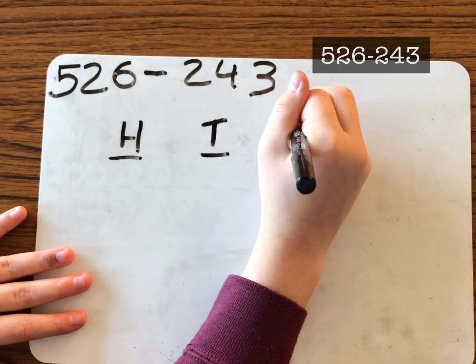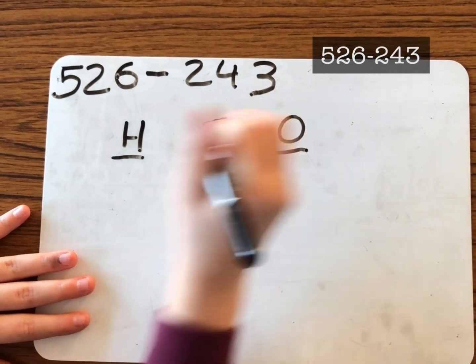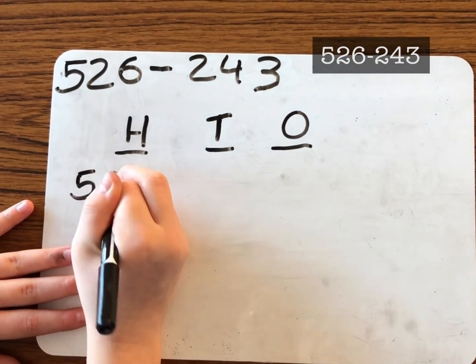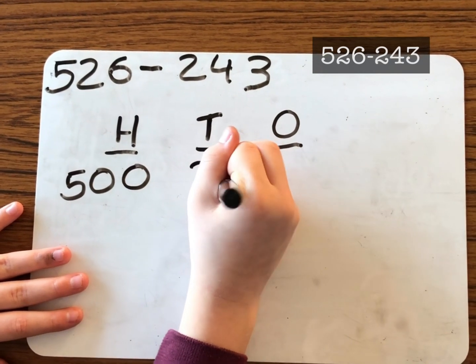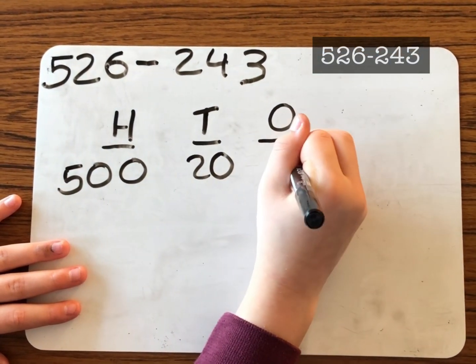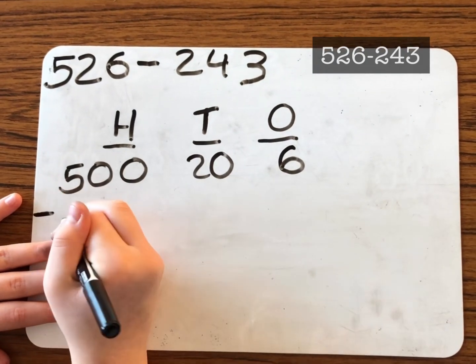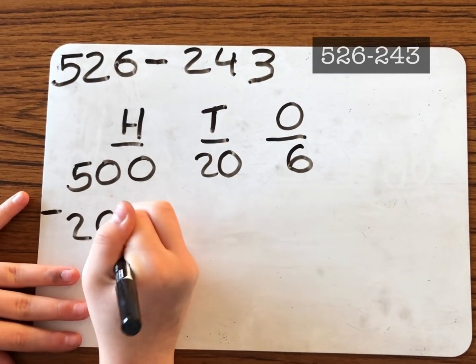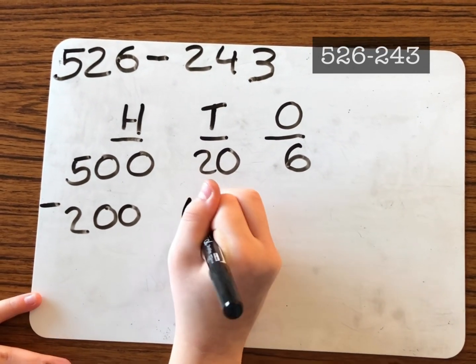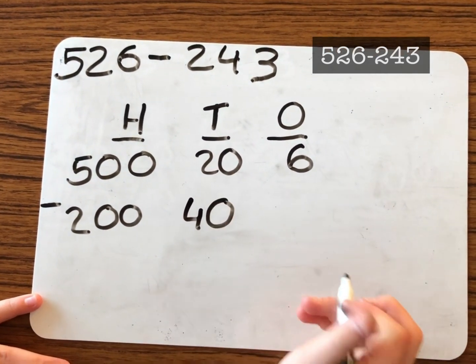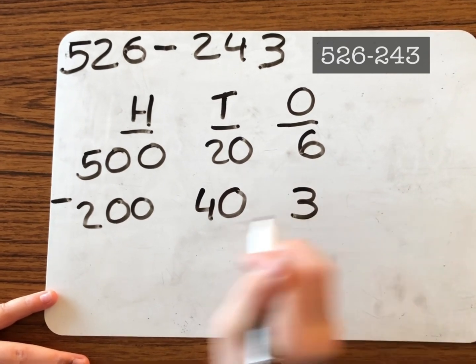So she's writing her column headers, hundreds, tens and ones. She's then going to partition her first number into 5 hundreds, which is 500, 2 tens, which is 20, and 6 ones. She'll then partition her second number into 2 hundreds, which is 200, 4 tens, which is 40, and 3 ones. She'll then look at subtracting.